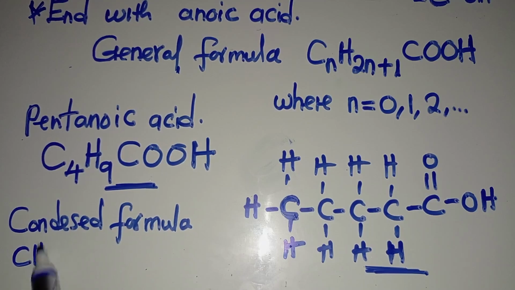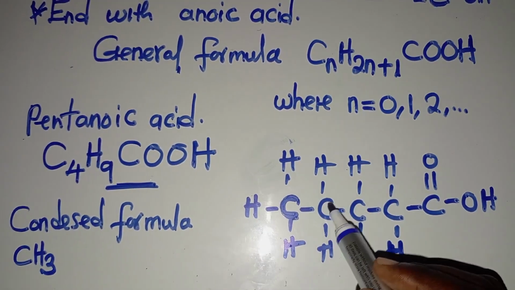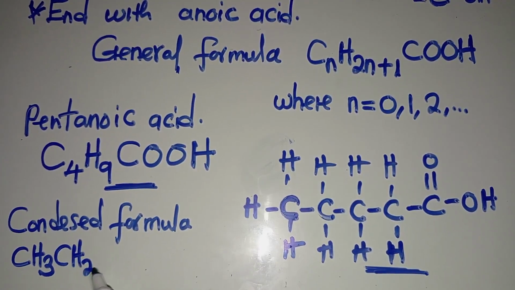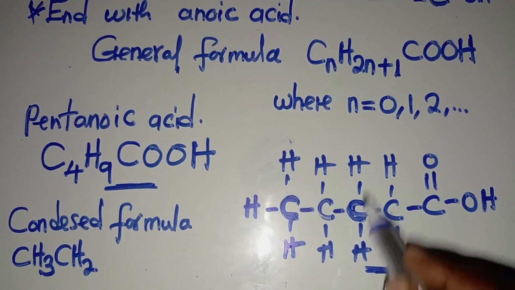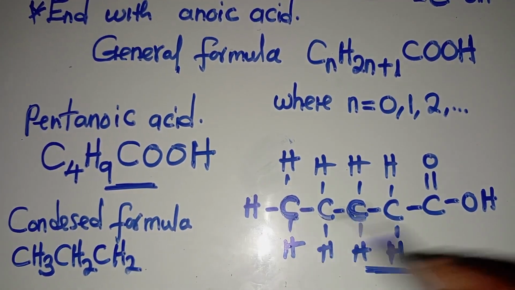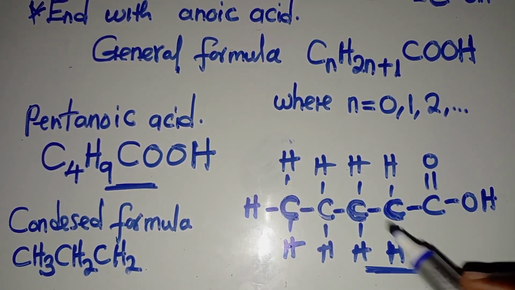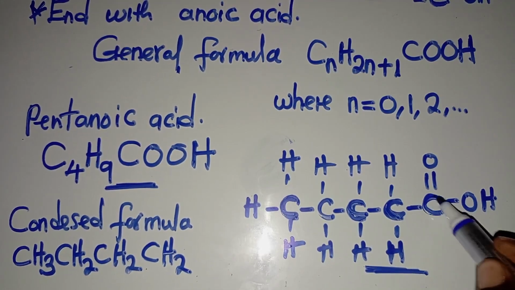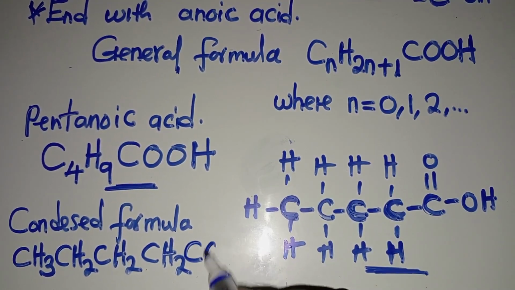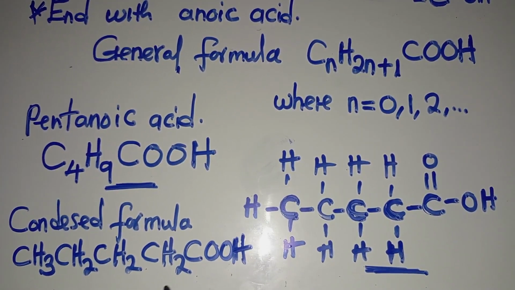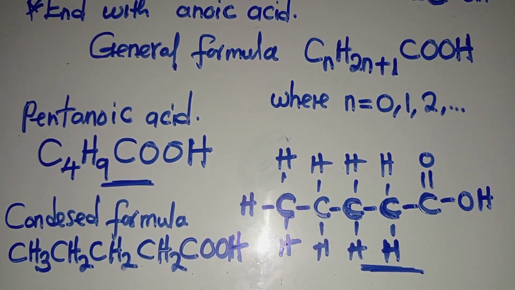So CH3. This one is having 2, CH2. This one is having 2, CH2. This one is having 2, CH2. This is now a functional group, COOH. So this is what we get to call a condensed formula.